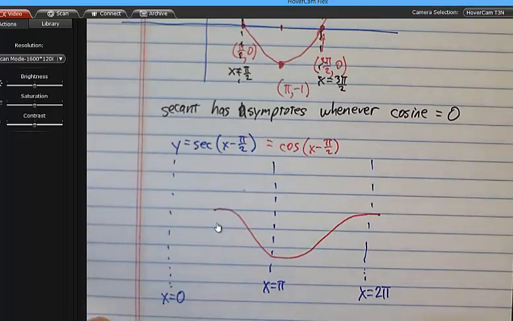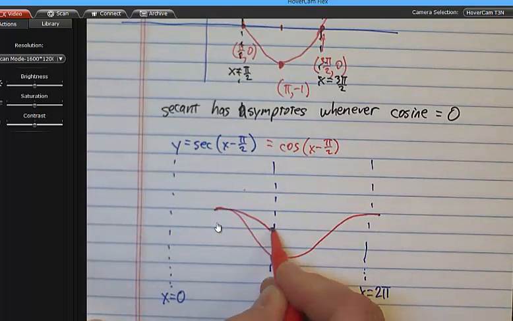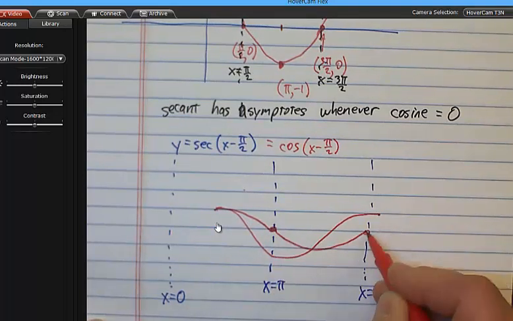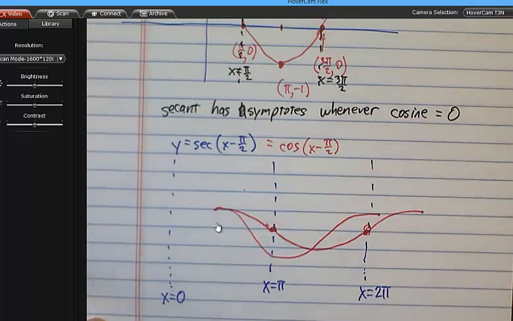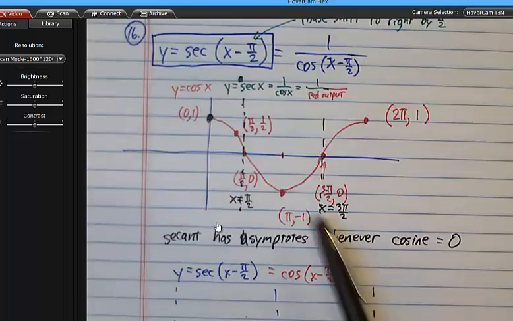But everywhere that there's a 0 for the cosine function, something like there and there, you're going to have asymptotes. Or I guess you could graph the secant function and shift the asymptotes by pi over 2. But I'm out of time, guys, so we're going to have to stop for today.